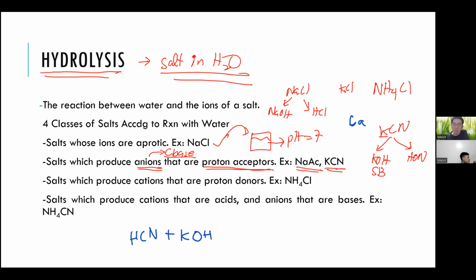Weak acid or weak base? Okay, good. So, tingnan mo, sino yung strong part ni KCN? Yung strong part ni KCN ay si K. So, therefore, KCN will act as a conjugate base. Anion ito, so magkakaroon ng anion si cyanide to be specific. Cyanide ay kayang maging proton acceptor.